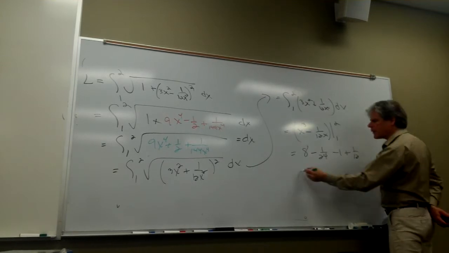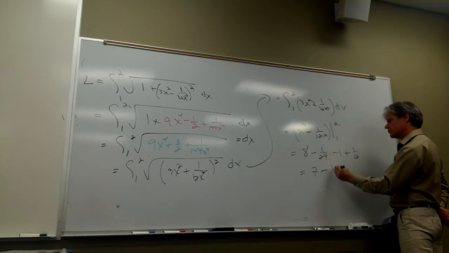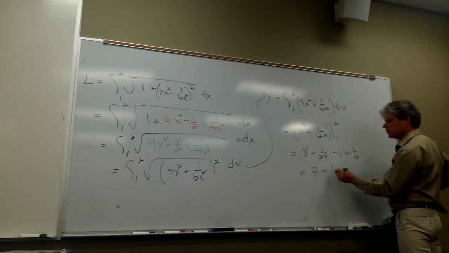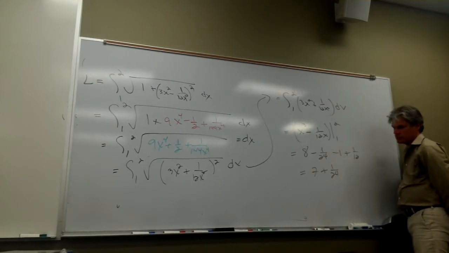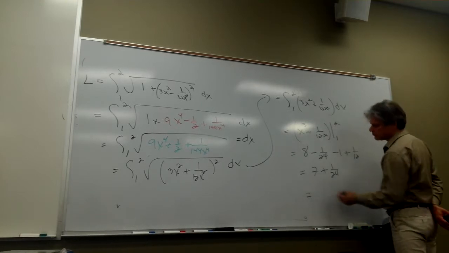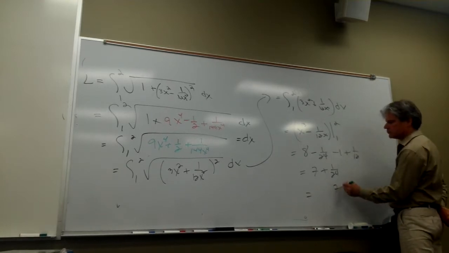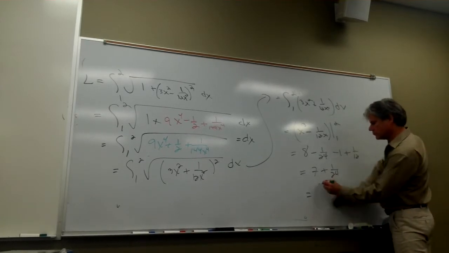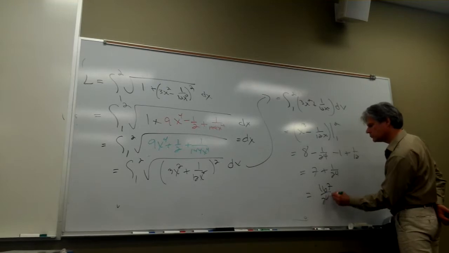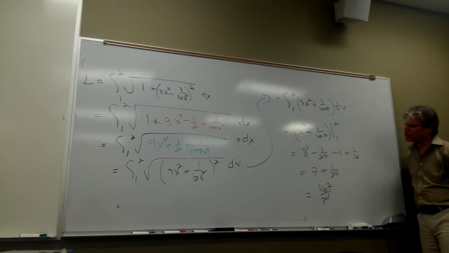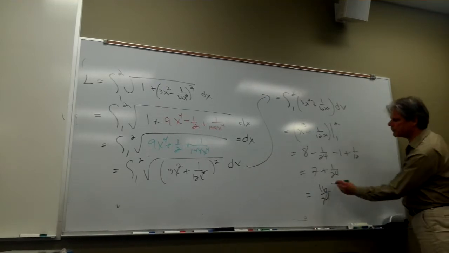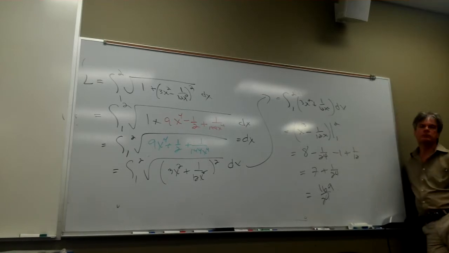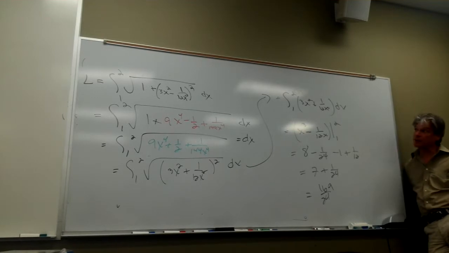Well, now it's just a matter of arithmetic, isn't it? Actually, you know what I subtracted? I think it should be 169. But you guys can double check my arithmetic. That will be the exact length of my curve, assuming I have no silly arithmetic errors along the way.